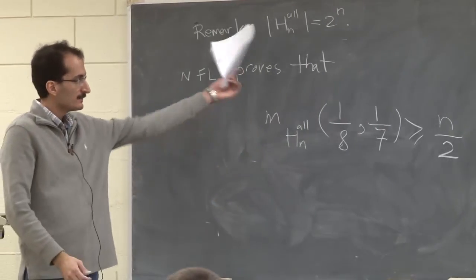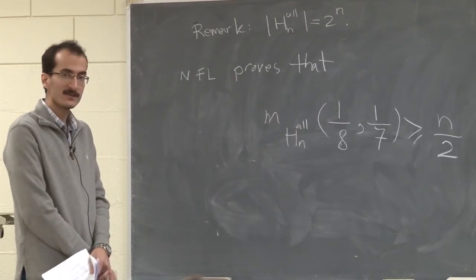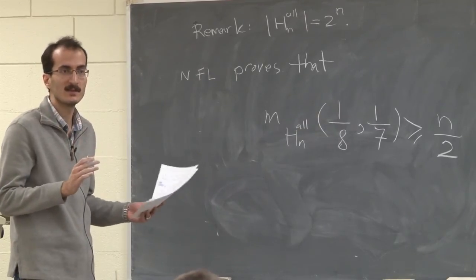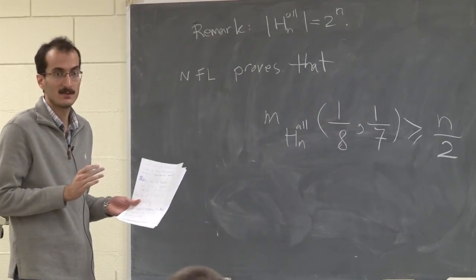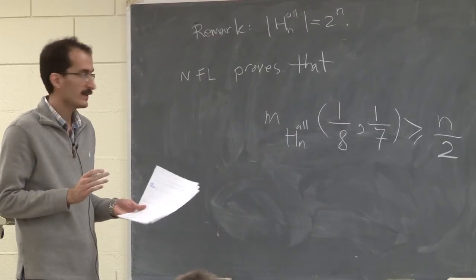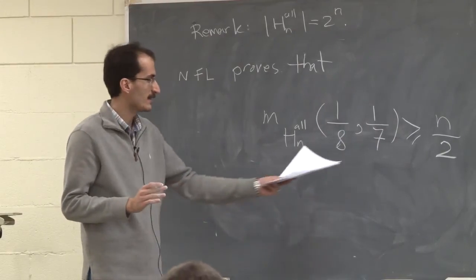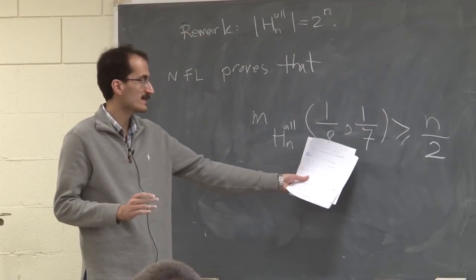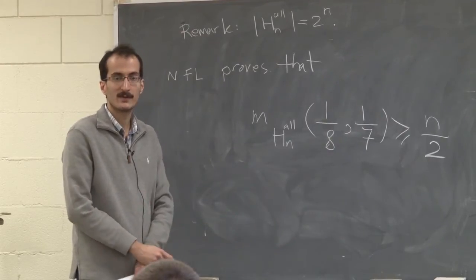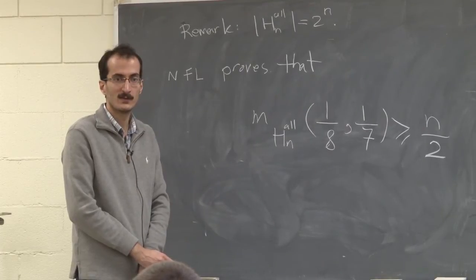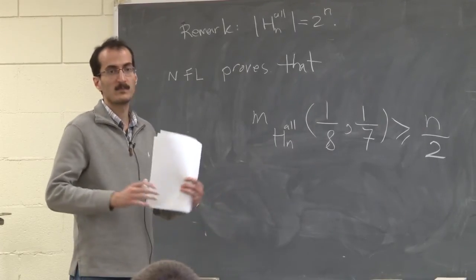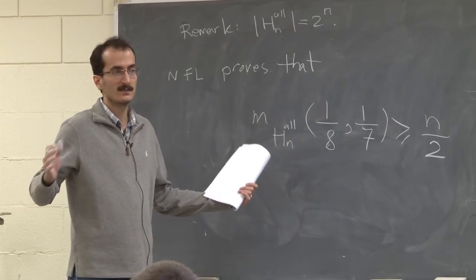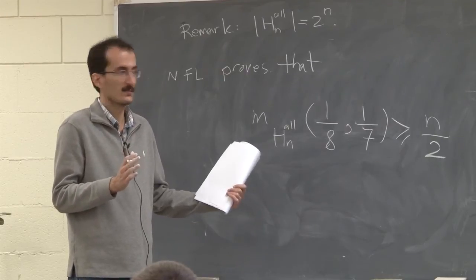It means that if we see just part of the domain, even half of the domain, as our sample, then we cannot do that well. With probability 1/7, we will make an error of 1/8. So if our domain gets larger and larger, we will still need half of the domain size to make sure that this is OK.